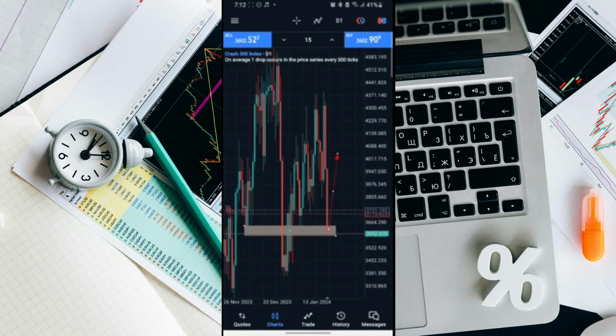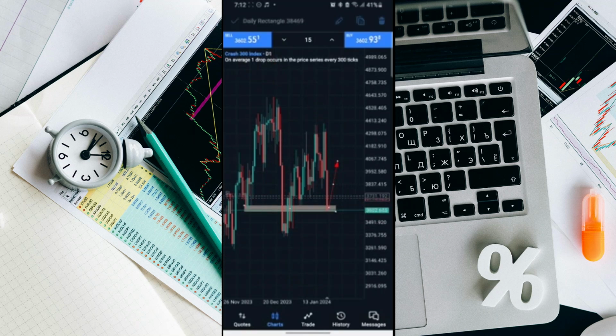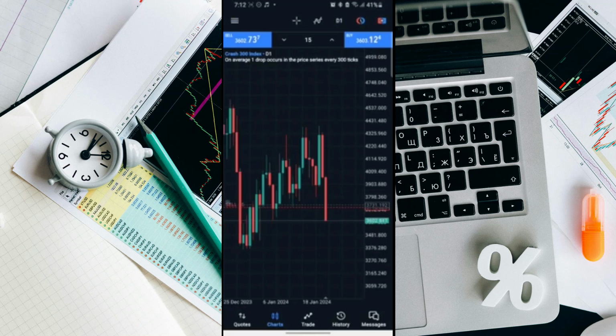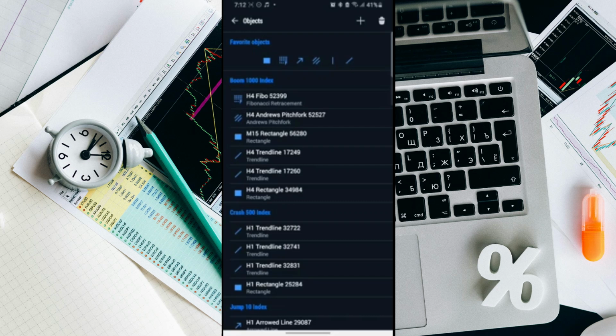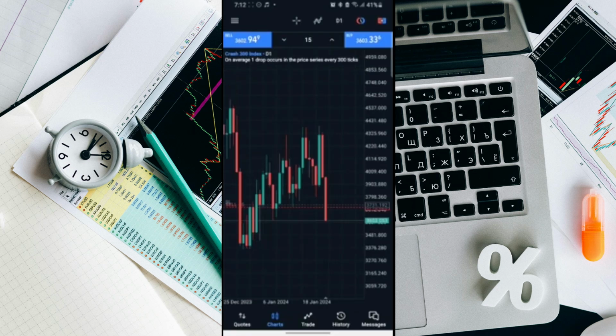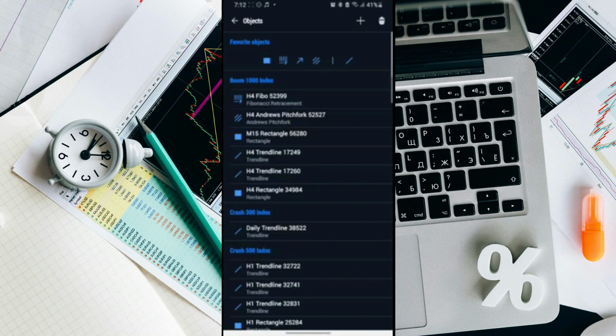As you can see, this one was touching the lower highs, the higher lows, sorry, and the higher highs. After touching the higher lows, the market broke to the downside, and it did a kind of a retest. So after doing that retest, it means the market now can go down.